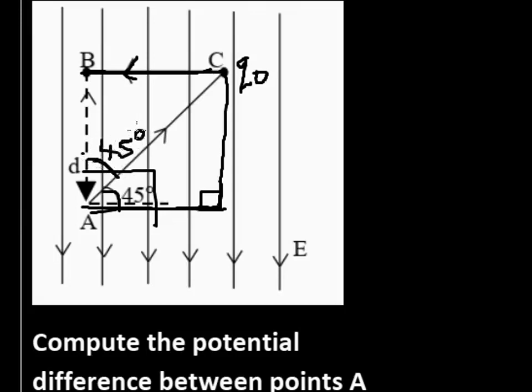Since this length has been given, which is D, it is the opposite of this right angle triangle. For me to get BC, remember BC becomes the opposite here, because it's opposite to this angle. Then of course the hypotenuse becomes CA.